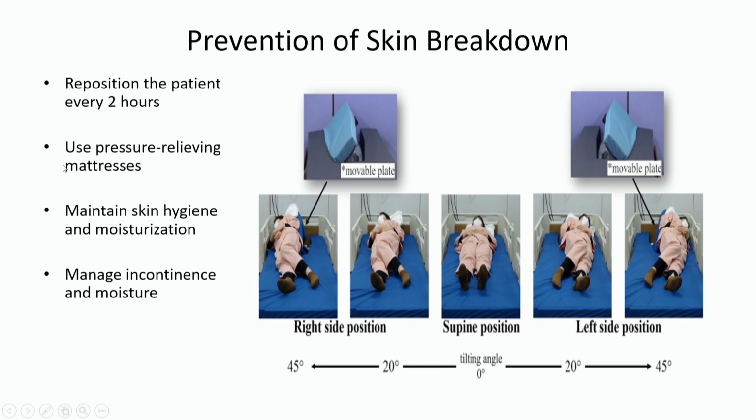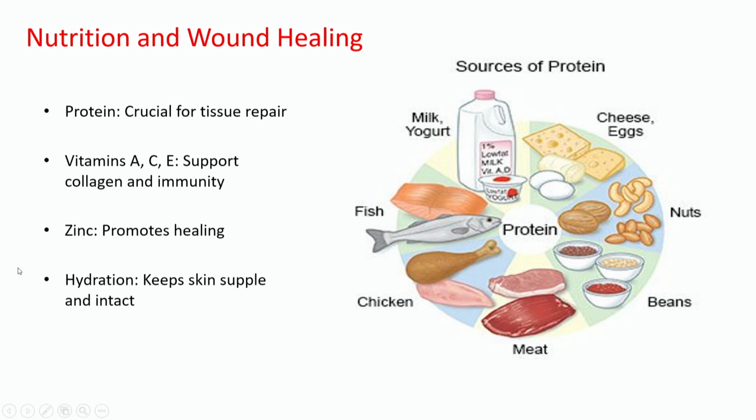Use pressure relieving mattresses. Maintain skin hygiene and moisturization. Manage incontinence and moisture. Nutrition is very important. I have told you that nutrition is very important, but eating is one thing, and proper metabolism by a proper digestive system and proper liver function is another important point.